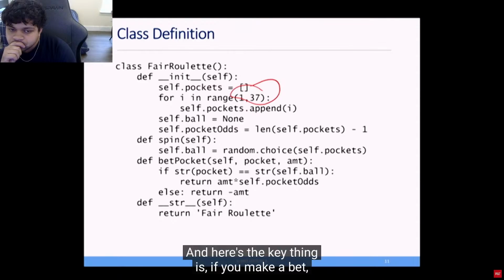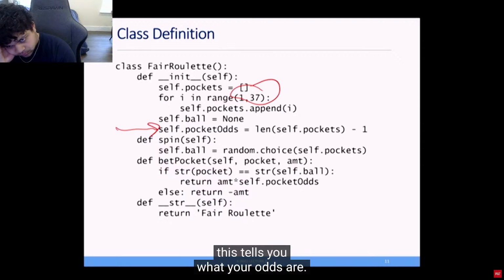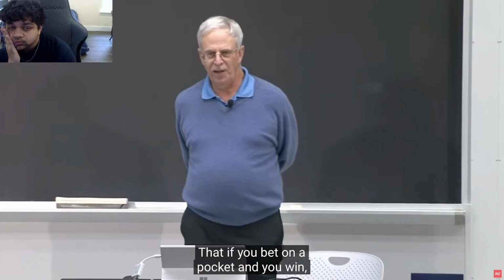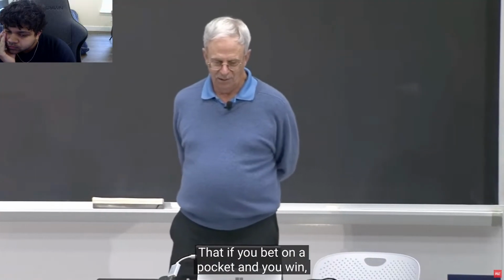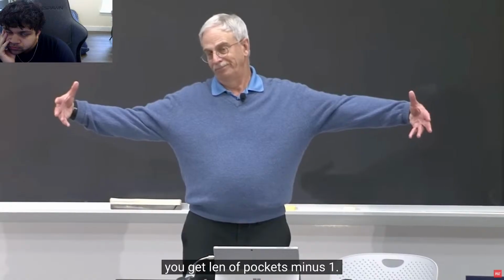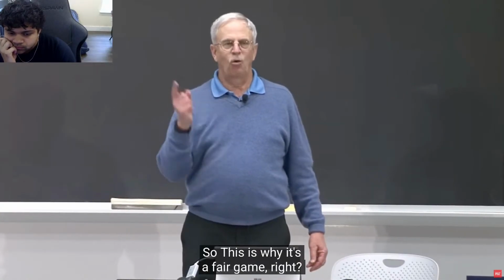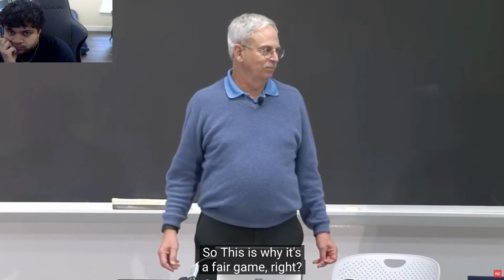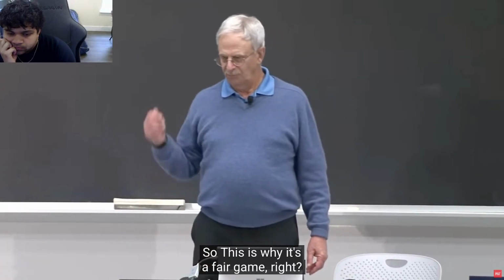And here's the key thing: if you make a bet, this tells you what your odds are. If you bet on a pocket and you win, you get len of pockets minus 1. So this is why it's a fair game, right? You bet $1.